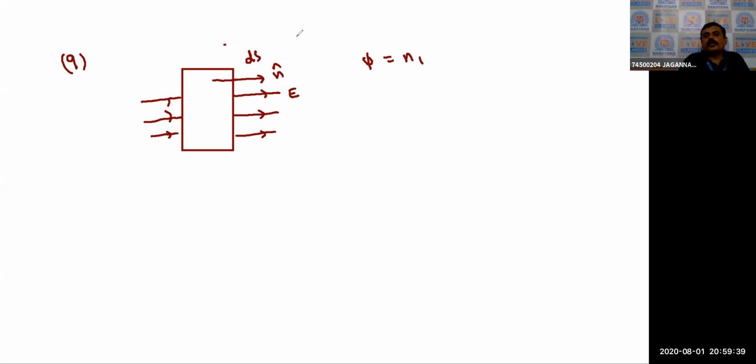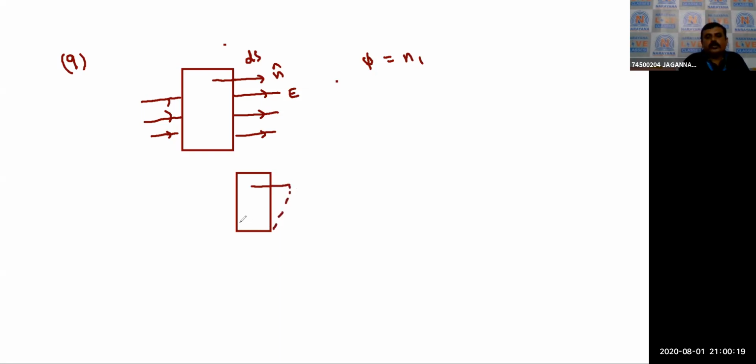With the electric field tilted by 30 degrees, what happened? It is tilted like this one.